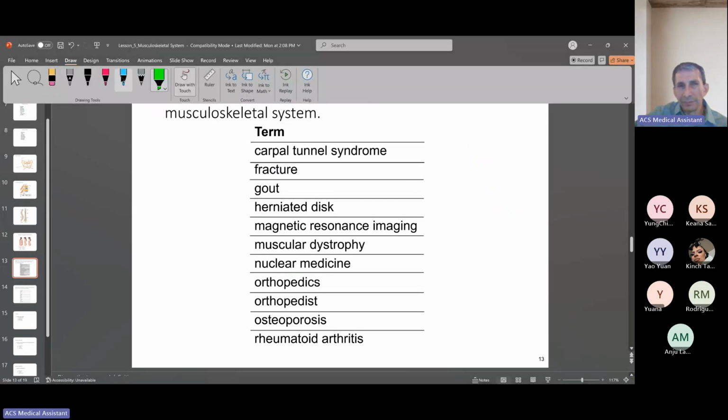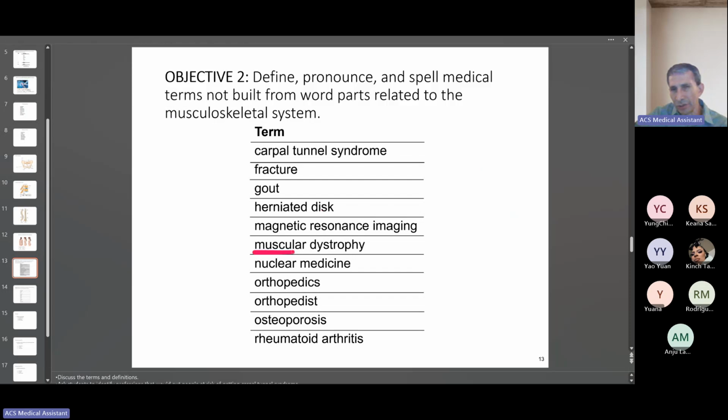Next, we're going to use muscular dystrophy. This is called MD. Be careful with this acronym. This does not imply medical doctor. MD, muscular dystrophy, or macular degeneration, that is within the senses.